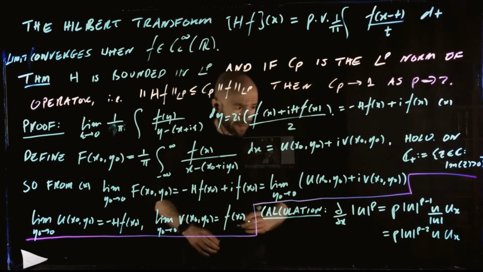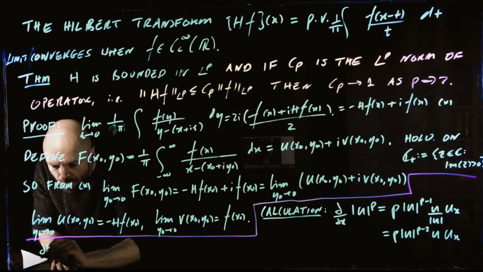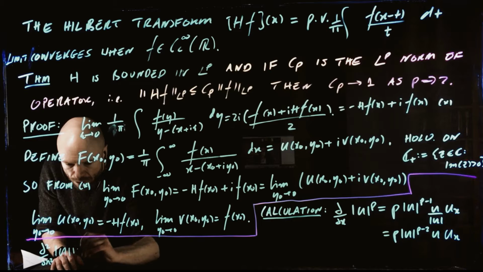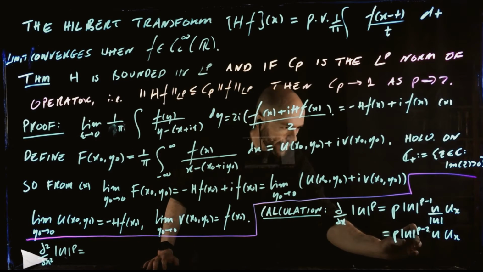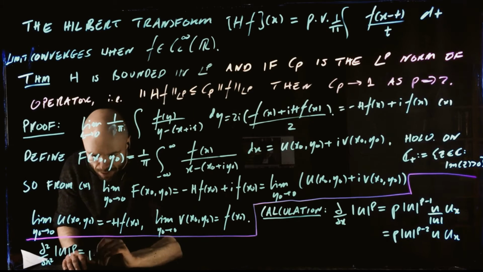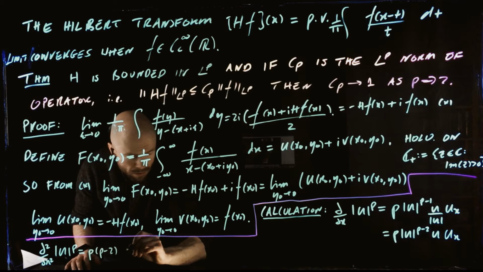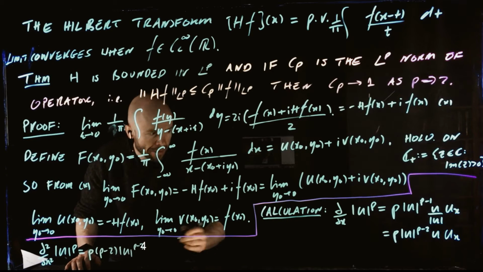Yeah? And then let's take the second derivative of this thing. And then what happens, so let's first apply it to the first term here. So we're going to have p minus 2, p minus 3, and now the same thing.